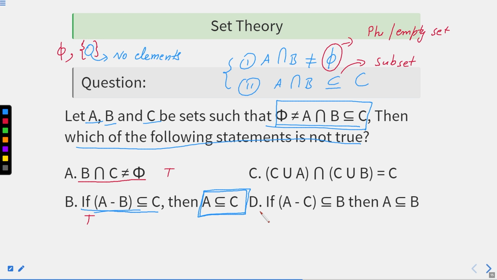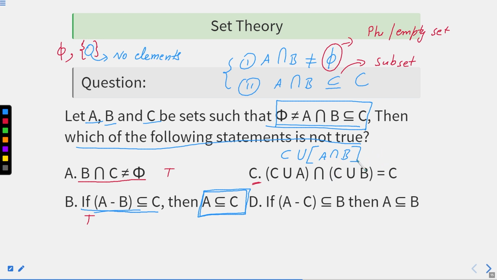Let's pick the C option. Now see what is happening. From the properties of union and intersection, I can rewrite this as C union A intersection B. This is just a direct property I am using.